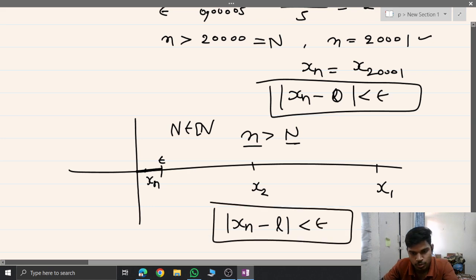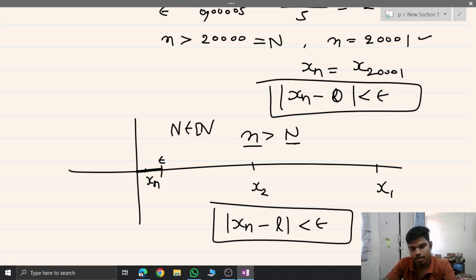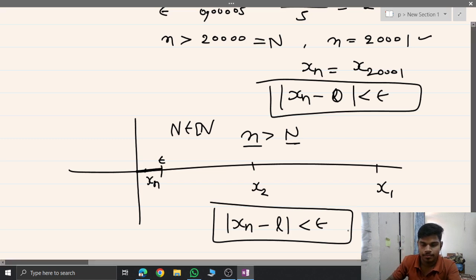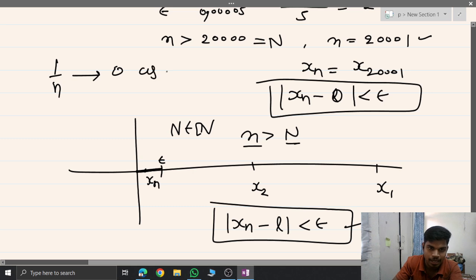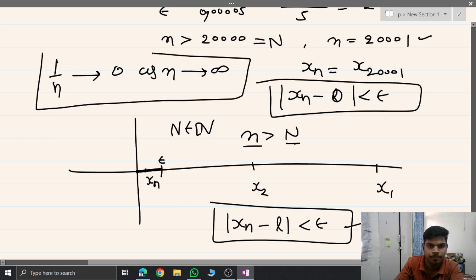Means by choosing any epsilon, you always get a natural number n, so that by taking any number greater than this n, this condition holds. Means your xn is very near to L. Your 1 by n sequence is very near to L, means my 1 by n sequence is going to 0 as n tends to infinity. So this is the idea. Okay, so hope this concept is clear to you.